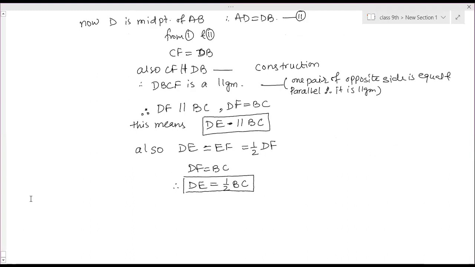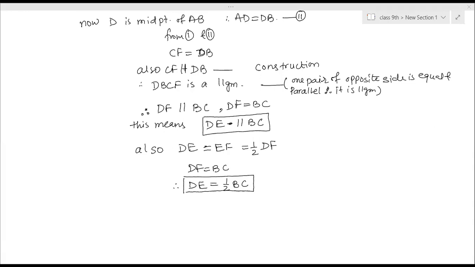Yeah. So next theorem is the converse of the midpoint theorem. This means the statement is somewhat similar. A line drawn through the midpoint of one side parallel to another side will bisect the third side.